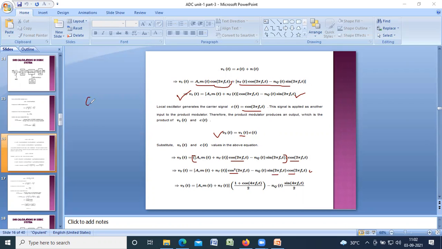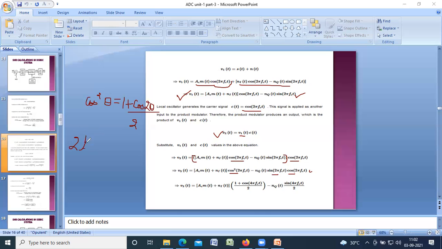And you know the formula of cos square theta? What is the formula of cos square theta? That is equal to? Ma'am, 1 plus cos 2 theta divided by 2. And what is the formula of 2 sin A sin B?